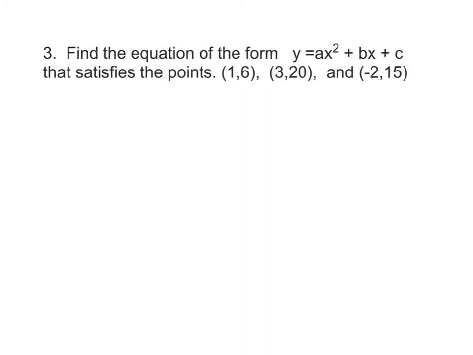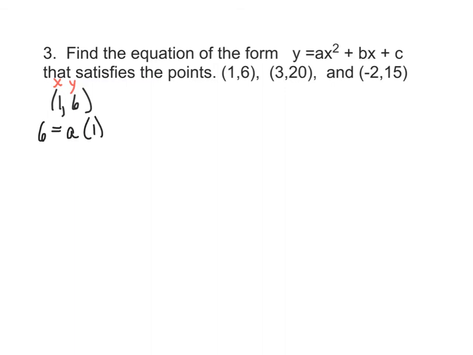So I'm going to take each point. In the case of the first point, (1, 6), I know that the 1 stands for the x-coordinate, the 6 stands for the y-coordinate. So in my standard equation of a parabola, I am going to substitute 6 in for y, and I'm going to put 1 in for each of the x's.